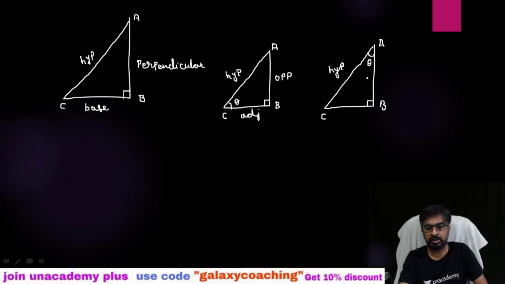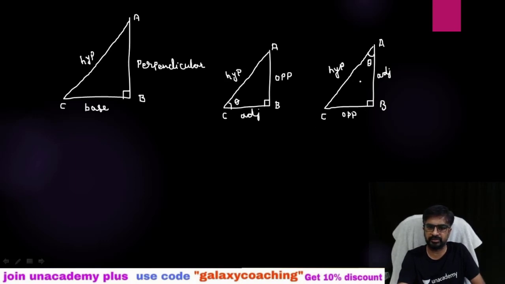That's why I am not saying perpendicular, because generally in students' minds perpendicular means a descending line and base is the below part, but actually this changes. That's why I am writing this as opposite and adjacent, so that helps, because generally students think that the straight line is always perpendicular, but it is not like that.